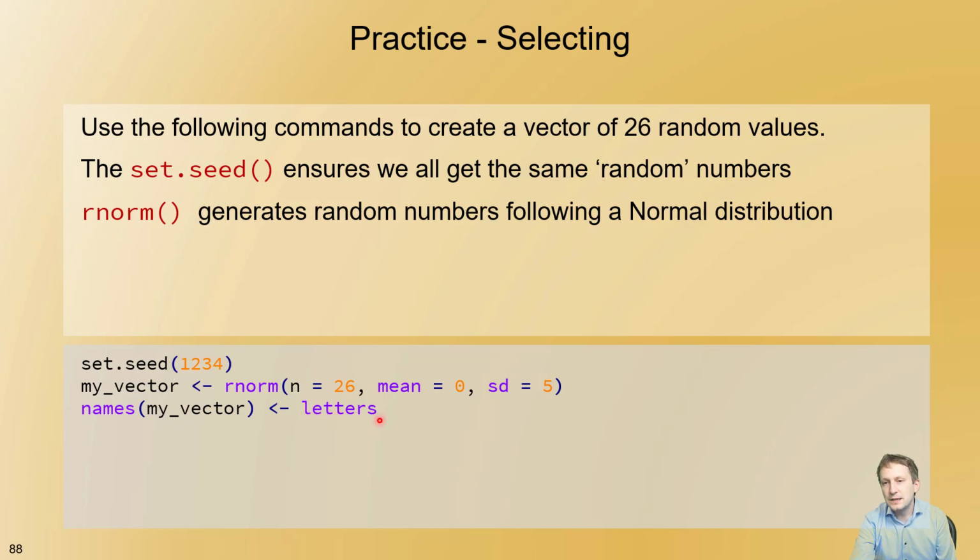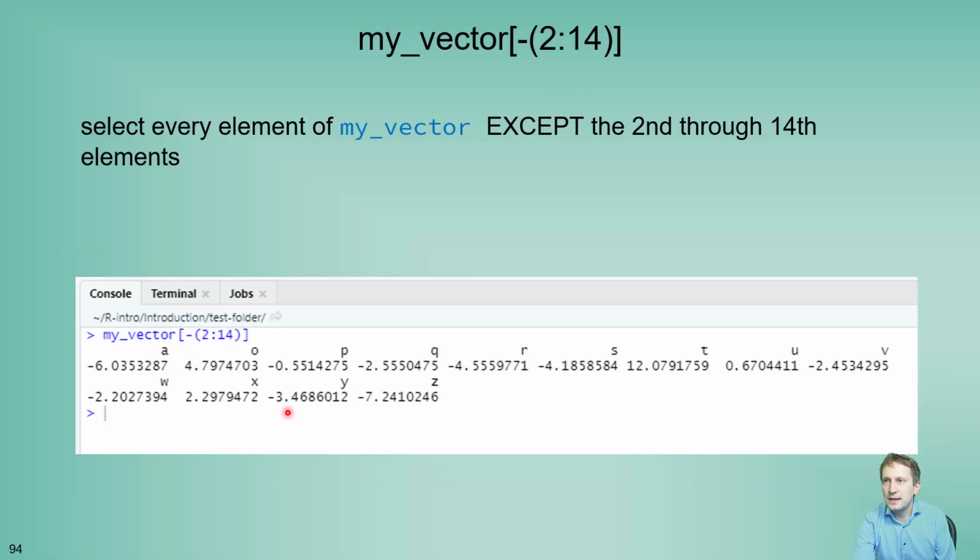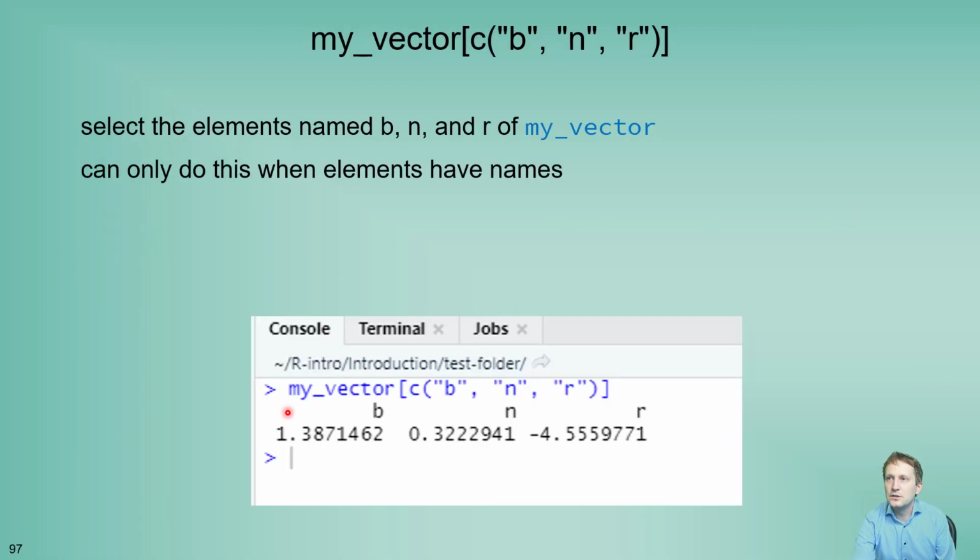And I'm using letters, which is also something that's inside R already. So that's a vector containing the 26 letters of the alphabet in lowercase, and we assigned that to the names attribute of my vector. So we can select elements of this vector using the names. So we are picking the elements b, n, and r with their corresponding values.